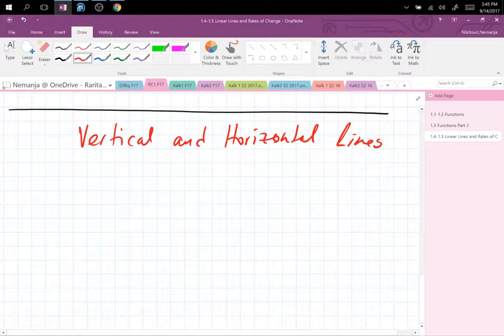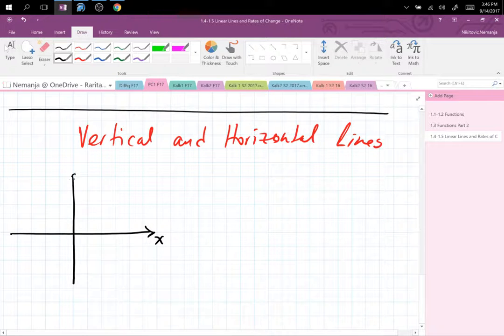So in section 2.6, right before the second exam, if you choose to have one, you are going to run into the notion of vertical and horizontal asymptotes. And those asymptotes are actually vertical and horizontal linear lines. It is very important for you to remember that if your graph looks like this, you know that you have an equation y equals 2.